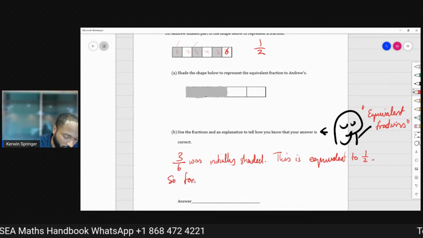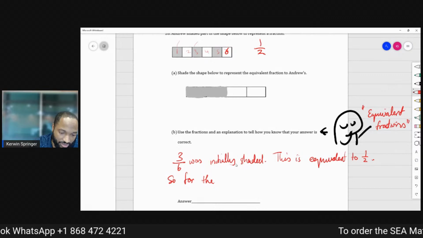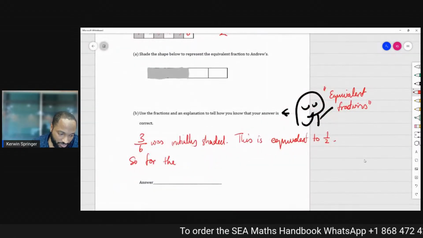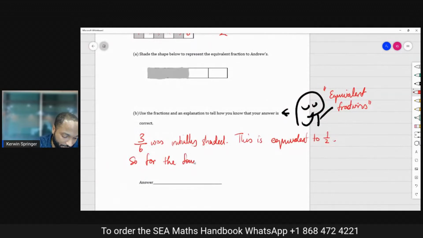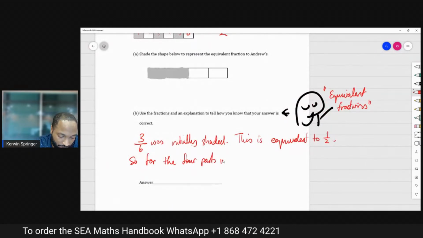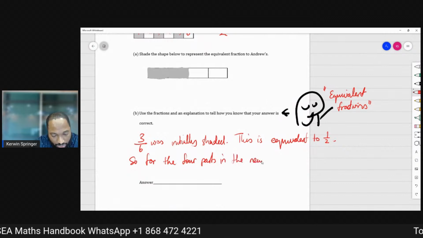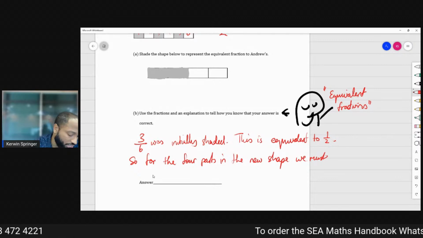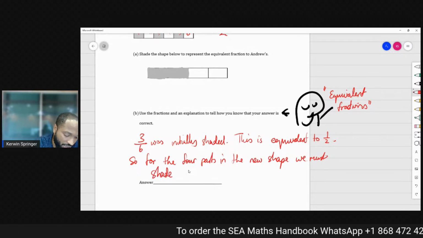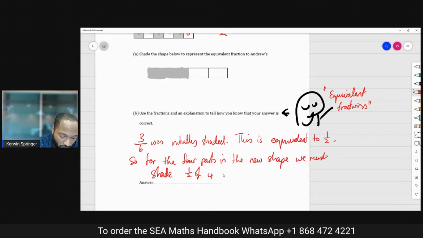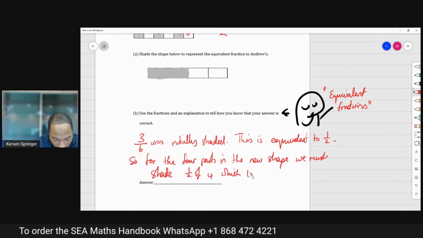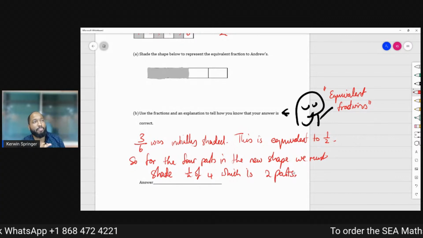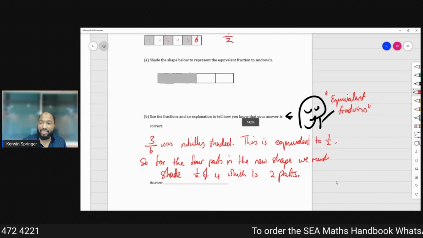So for the four parts in the new shape, we must shade half of 4, which is 2 parts. Anything like this, and you're getting marks.